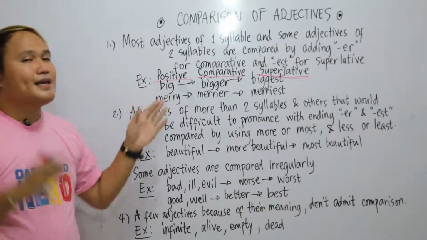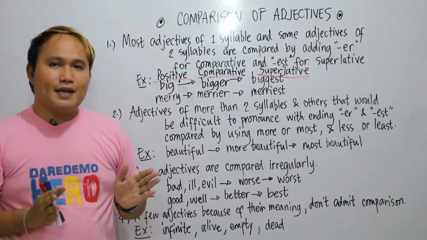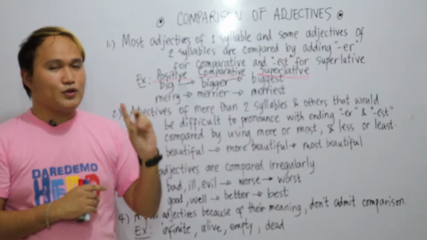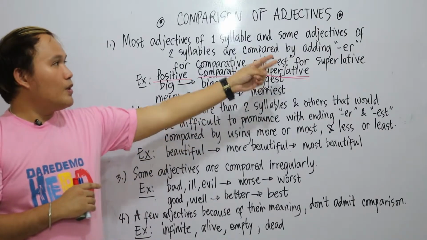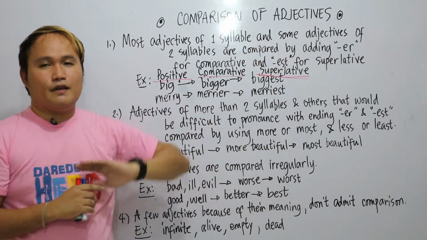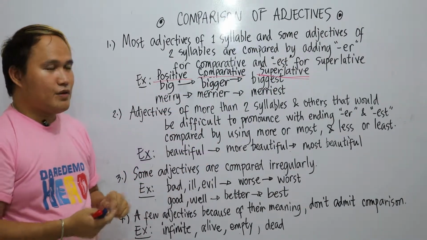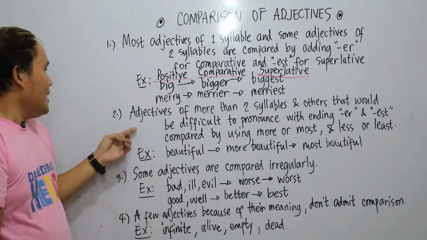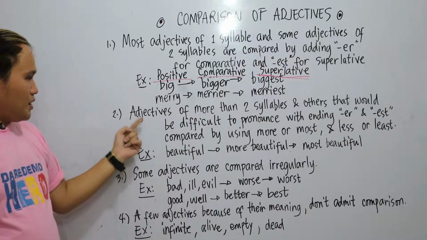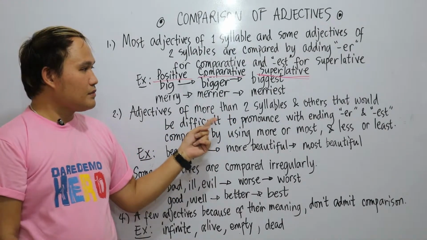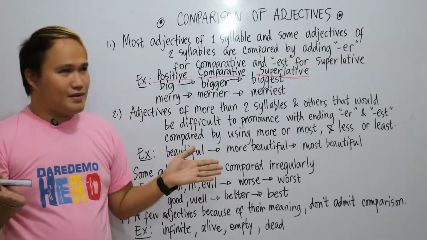Always take note of that. Bear in mind that if the adjective has only 1 or 2 syllables, you're going to add ER if you are comparing 2 or 3 nouns.